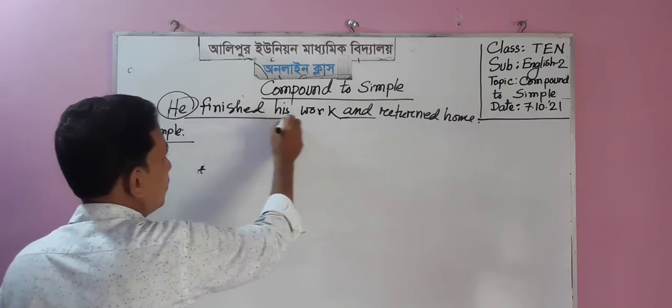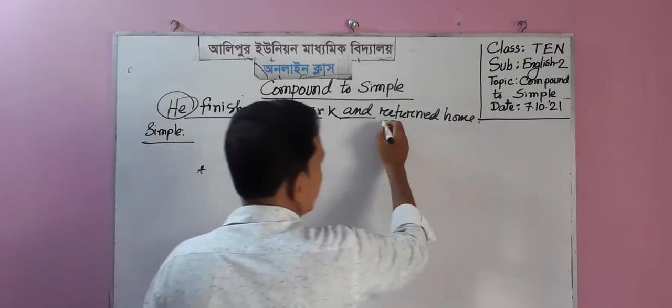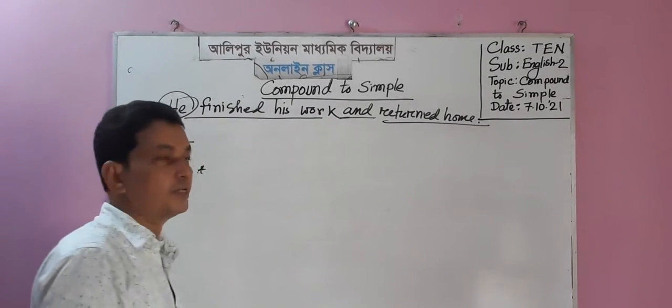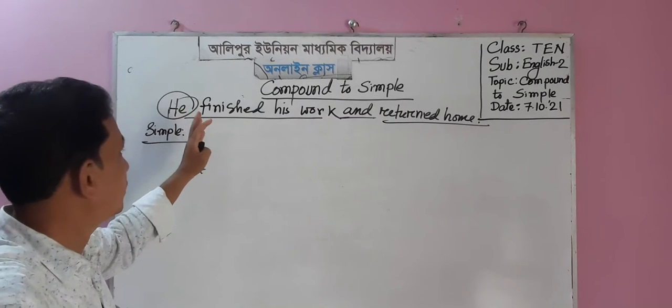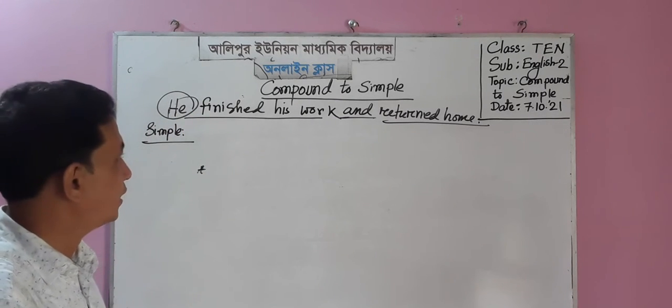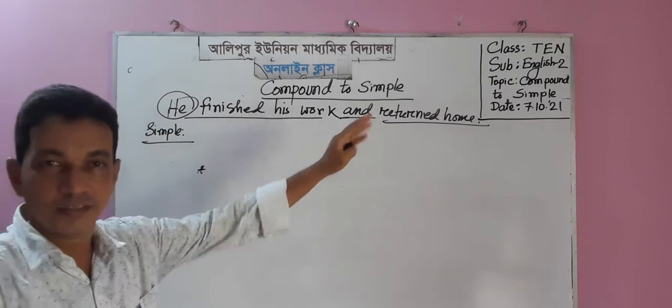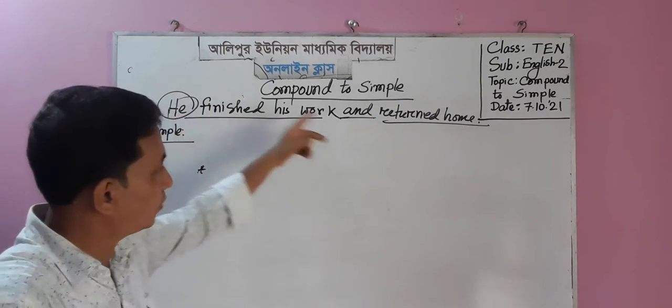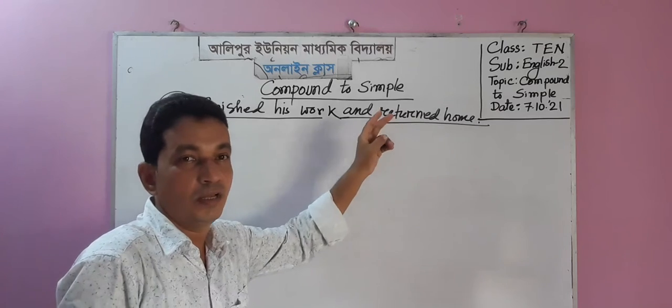Here is past indefinite tense, and the other clause is also past indefinite tense, and the subjects are the same. He is the subject, and here also he is the subject.